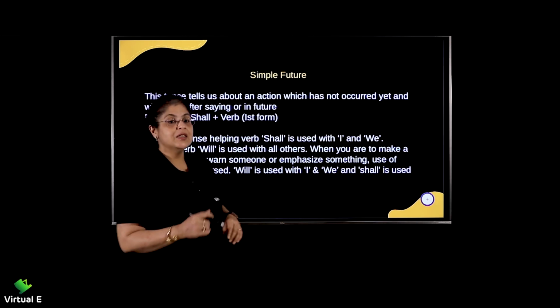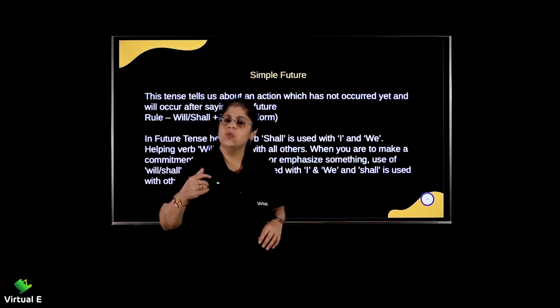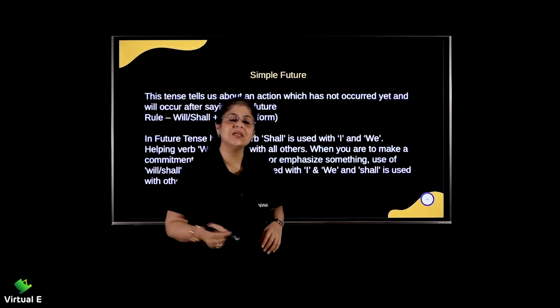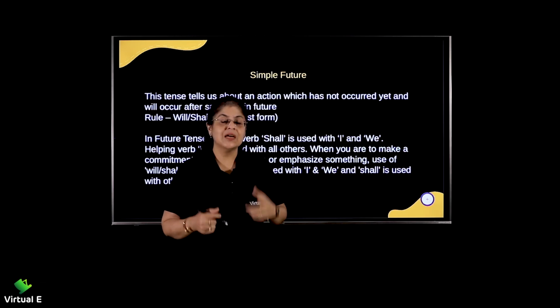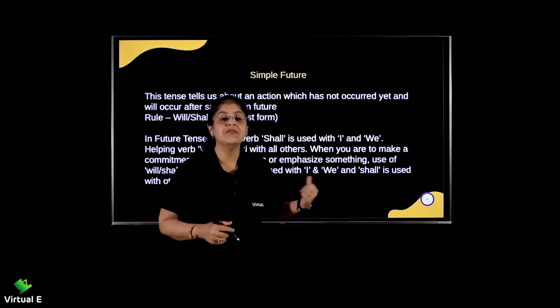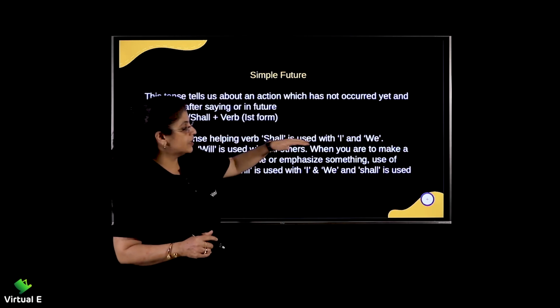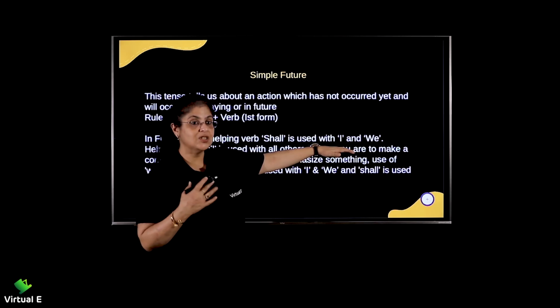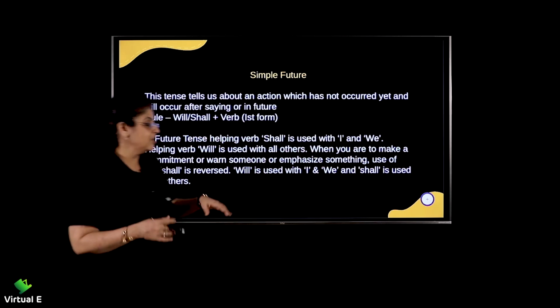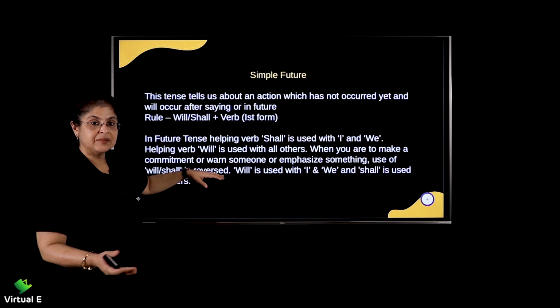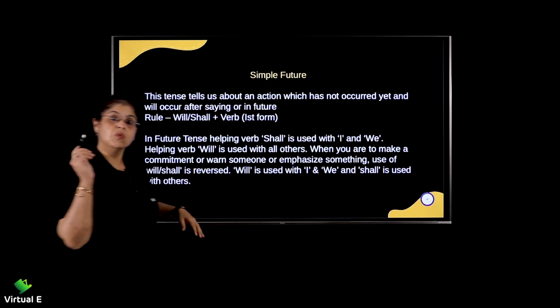What do they mean? You say, I will become the topper. I will score the highest. You are making a commitment. That is the time you use will even for I. So here generally shall is used for I and we, but when you are making a commitment and when you want to really emphasize something, then he will do it.